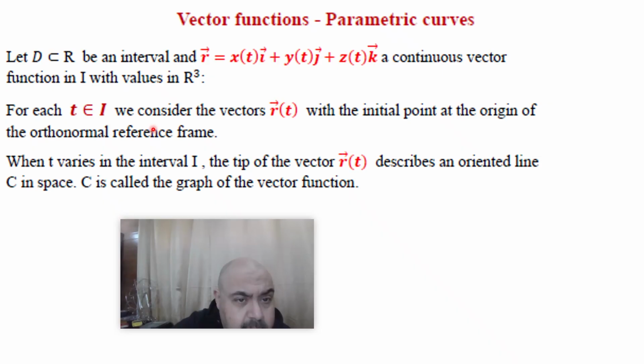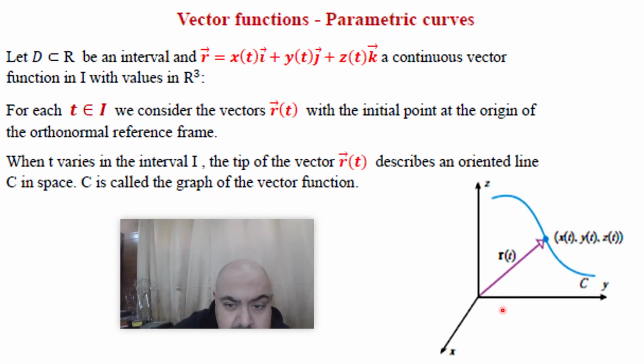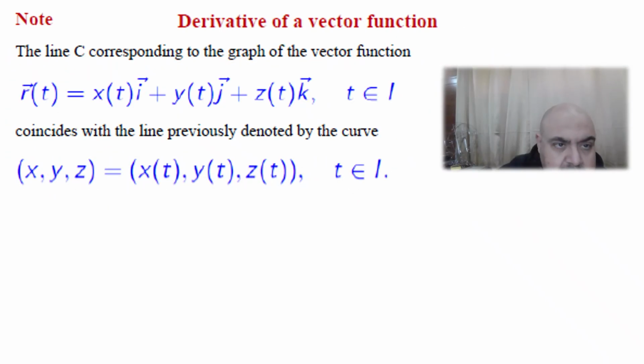For each t belonging to I, we consider the vector with its initial point at the origin of the orthogonal reference frame, and then the points x of t, y of t, z of t are beside each other, and you will be able to get a representation of a line, a curve, or a surface. When t varies in the interval, the tip of the vector r of t describes an oriented line C in space, which is called the graph of a vector valued function, as I've tried to explain to you.